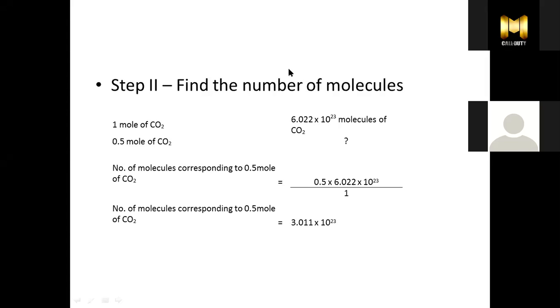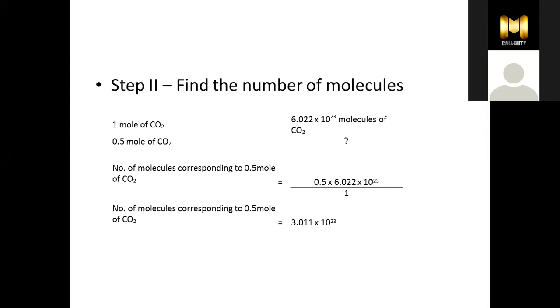So 1 mole of carbon dioxide corresponds to 6.022 into 10 raised to 23 molecules of carbon dioxide. So 0.5 mole corresponds to how much? As in the earlier calculation, we carry out a similar calculation, and you'll see that the number of molecules corresponding to 0.5 mole, that is 22 gram of carbon dioxide, is 3.011 into 10 raised to 23.